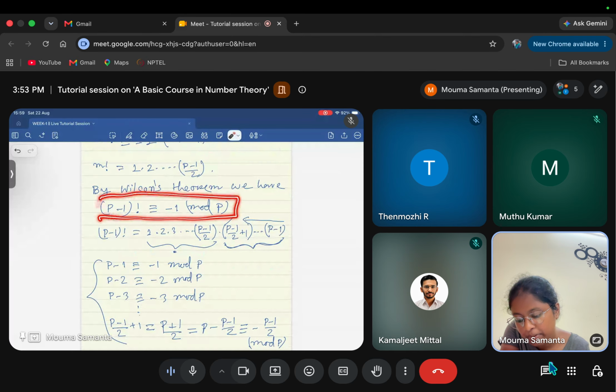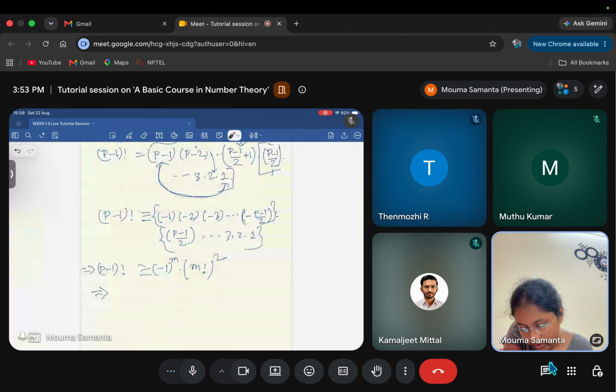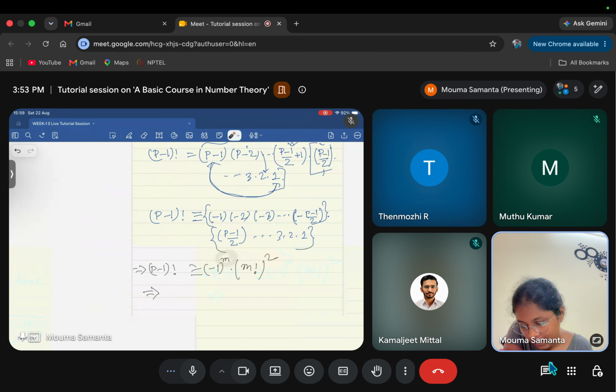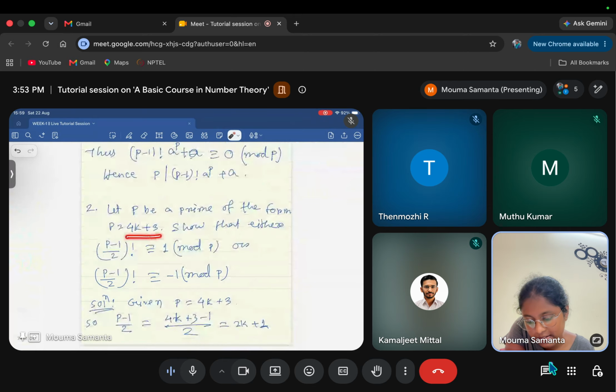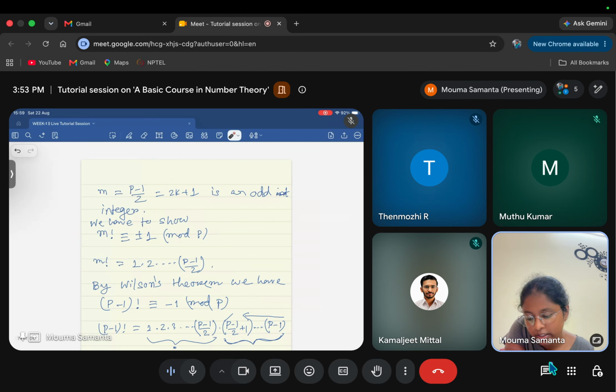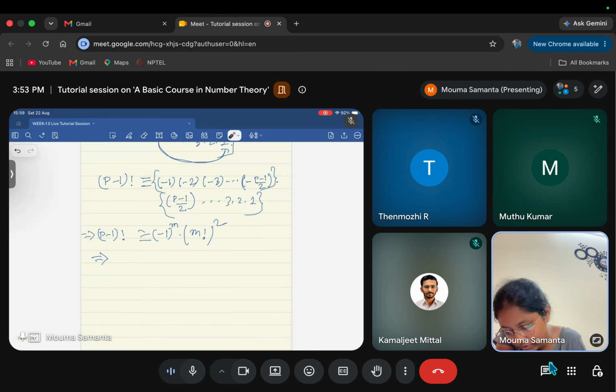Now, using Wilson's theorem, we have (p minus 1) factorial is congruent to minus 1. Before that, let's see that m is an odd integer, because we have already seen that since p has the form 4k plus 3, (p minus 1)/2 is 2k plus 1. So 2k plus 1 is an odd integer, that is, m is an odd integer. So minus 1 power m will give you minus 1 exactly.